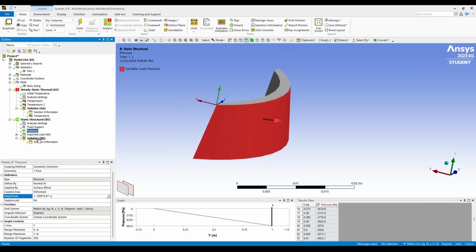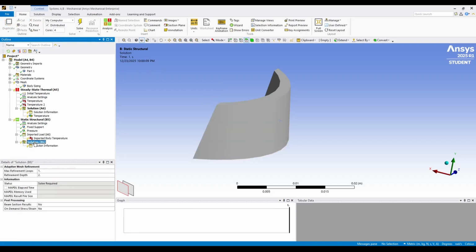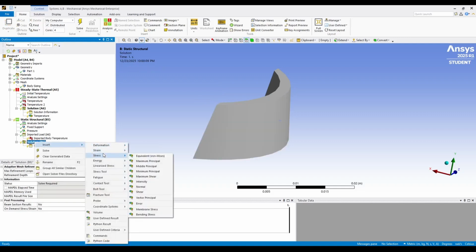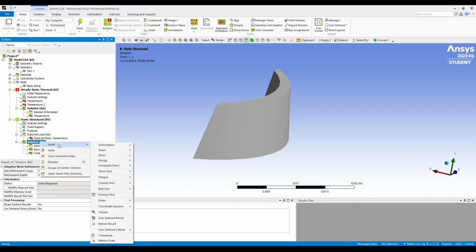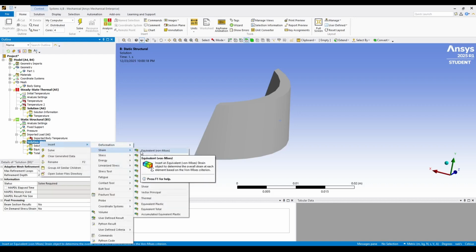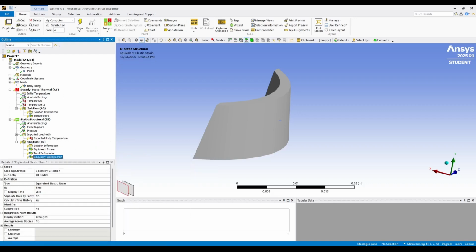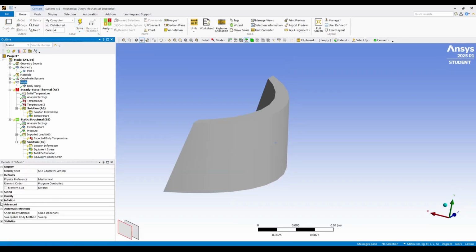Similarly, temperature is also applied in the form of a gradient rather than a uniform value. The temperature distribution varies from -1 degree Celsius at the top of the dam to 4 degrees Celsius at the bottom, representing realistic thermal conditions caused by environmental exposure and water temperature differences.